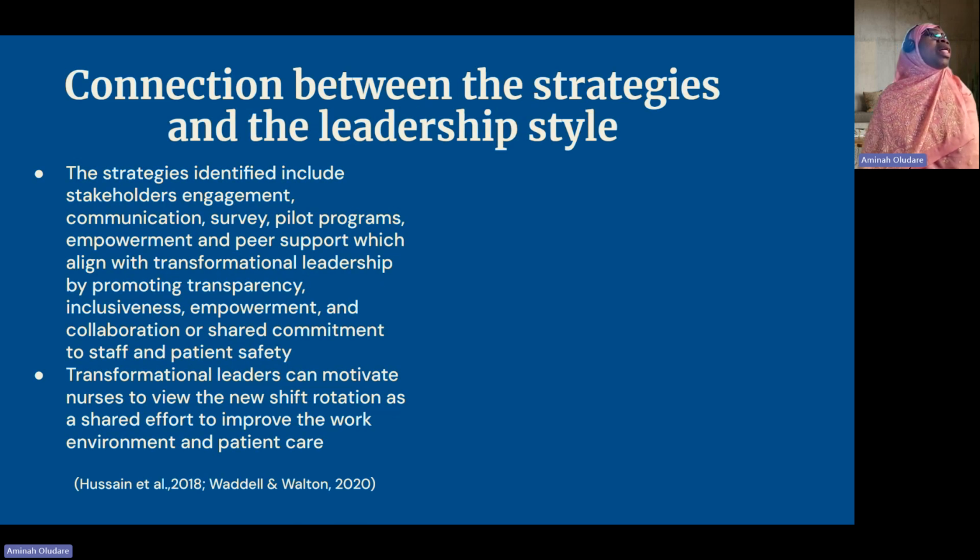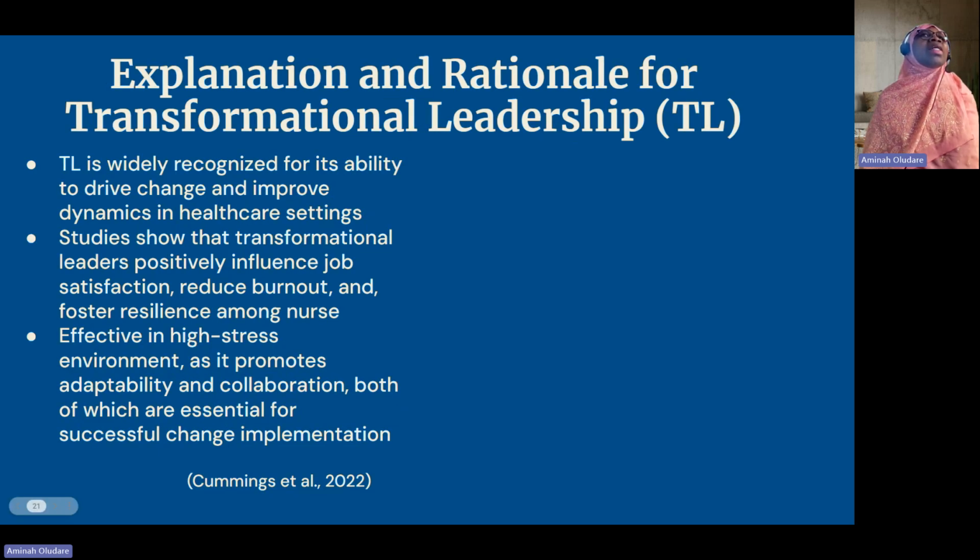The connection between the strategies and this leadership style is that in this project, I've identified staff engagement, surveys, a pilot program, and peer review, and all these align with the transformational leadership style by promoting transparency, inclusiveness, empowerment, collaboration, and shared commitment of staff and patients.